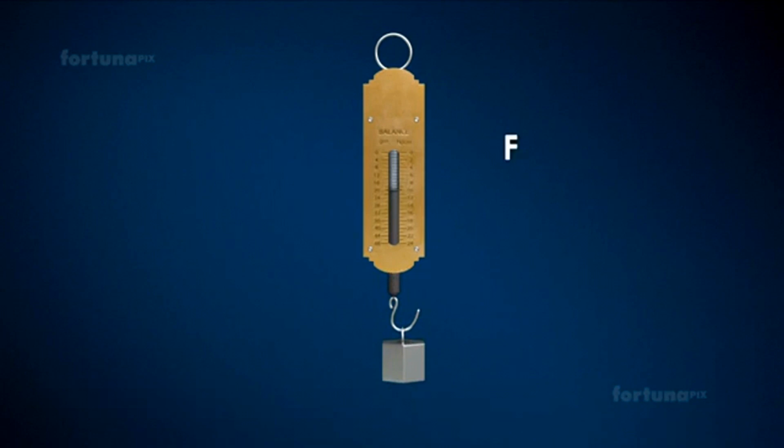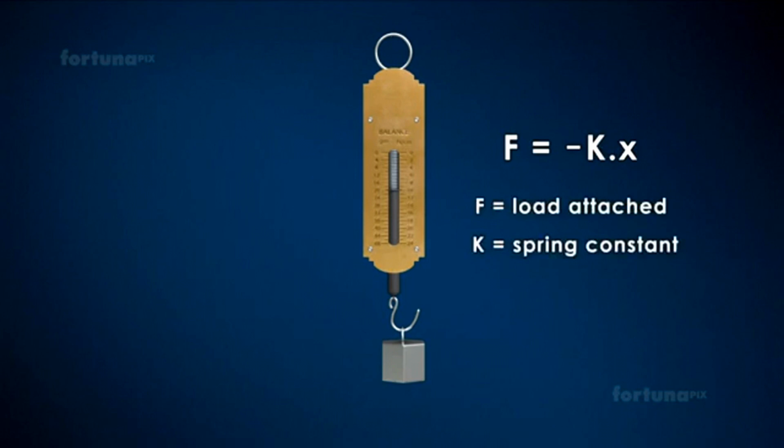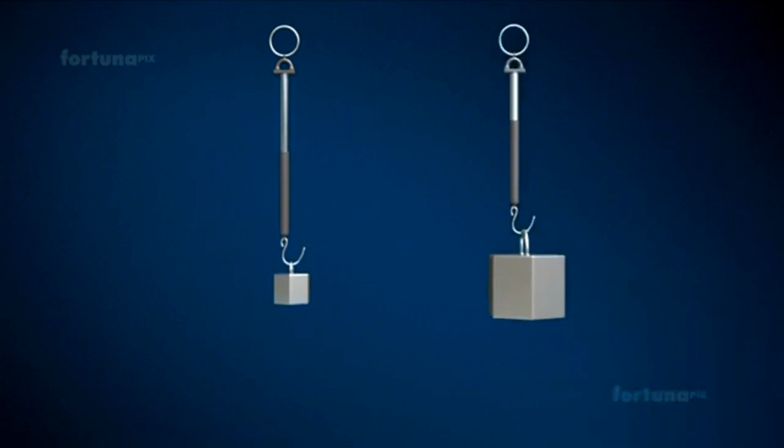So in a simple way, you can say the length of the spring will increase due to the size of the load applied. For example, if we put this load on the spring, it is different when we put a heavy load on the spring.